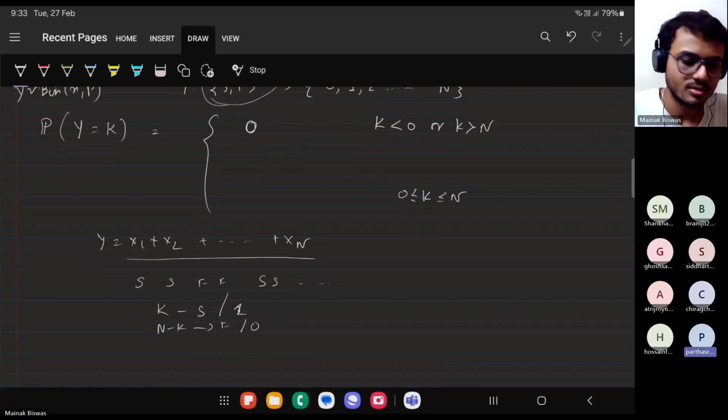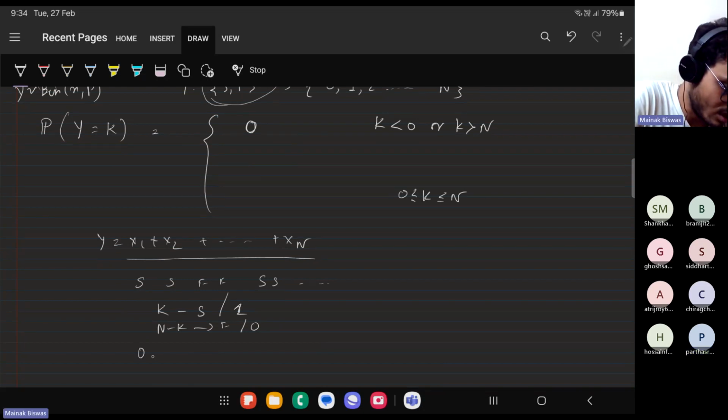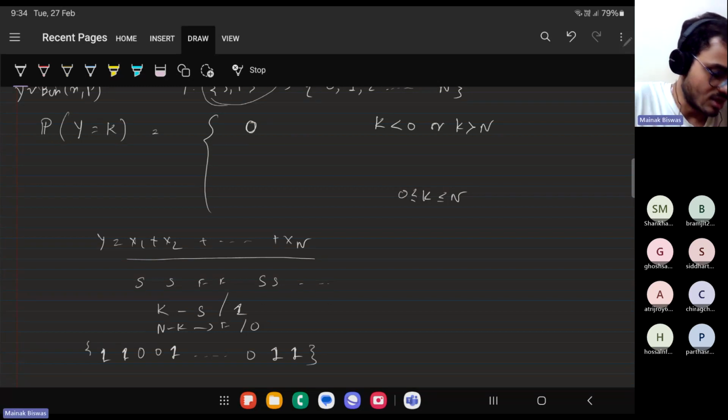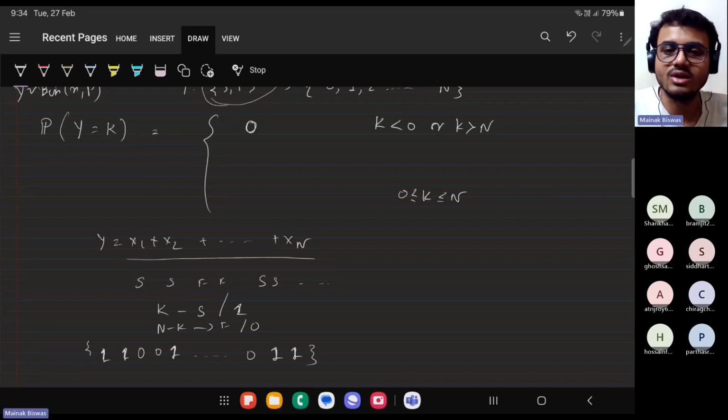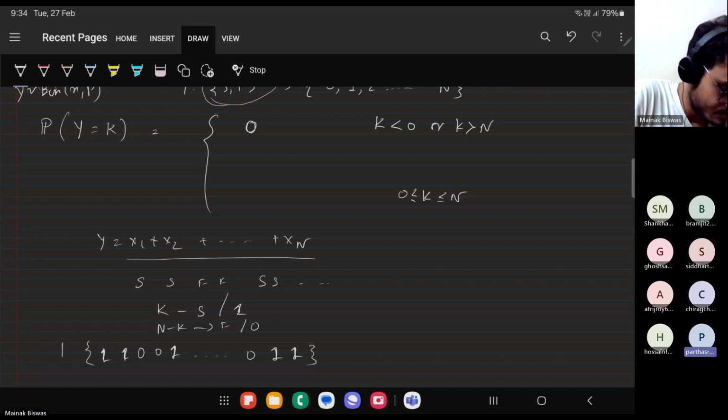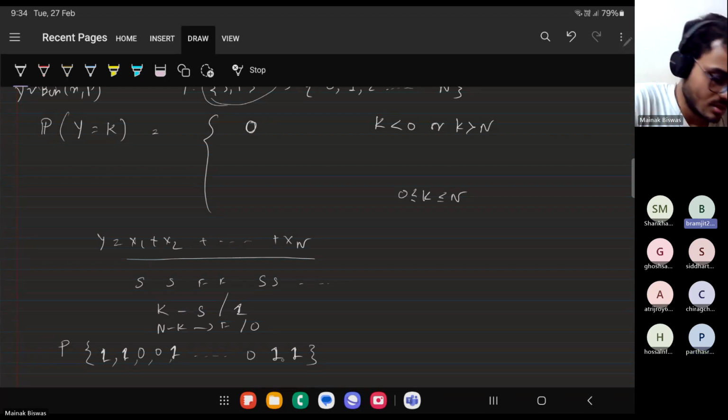So first I have to choose k out of the n. No, for one particular sequence of events, don't give me all the things you have memorized. What is the probability of the sequence of events? p to the power k into 1 minus p to the power n minus k.